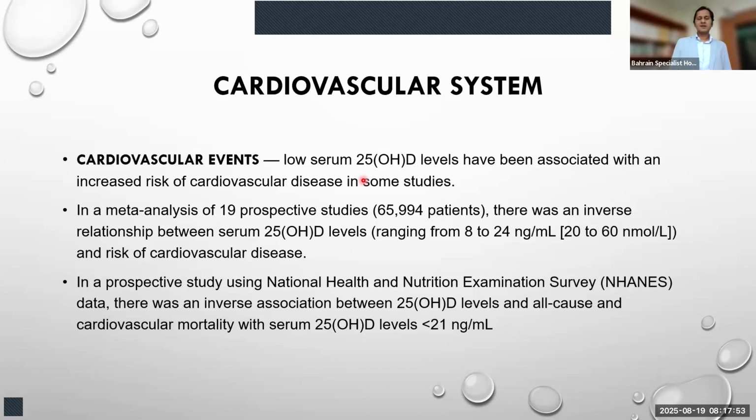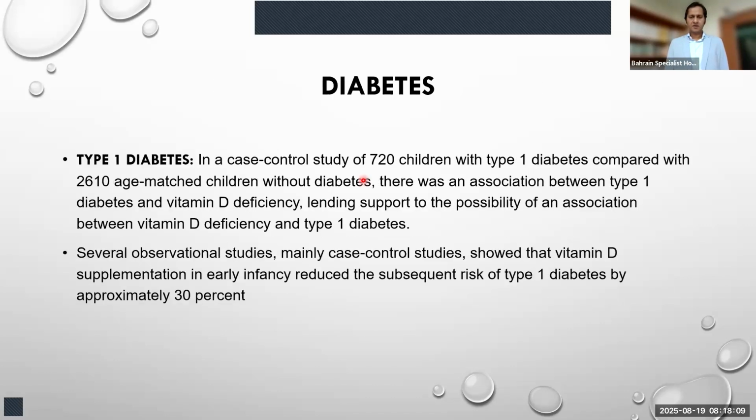Then, if we talk about the cardiovascular system, vitamin D has been associated with increased risk. A meta-analysis of 19 studies showed that lower vitamin D leads to a higher risk of cardiovascular diseases, and mortality was also high when a person has low vitamin D. If we talk about diabetes, type 1 diabetes has been associated with vitamin D deficiency.